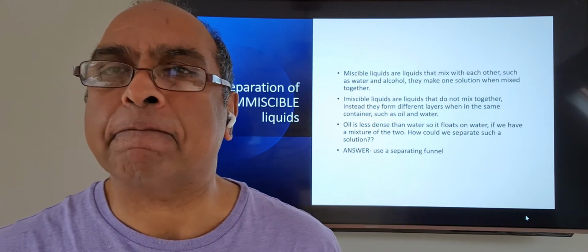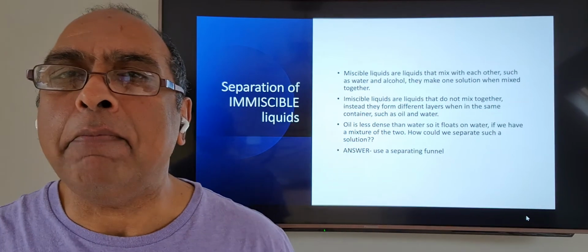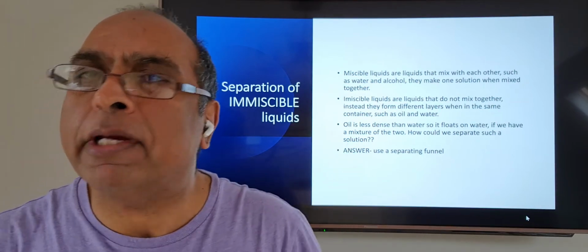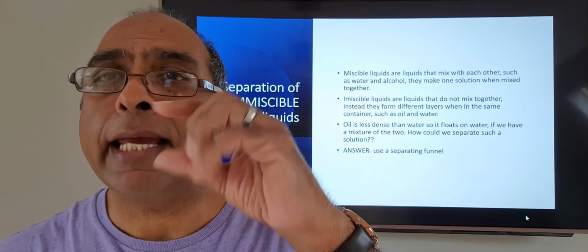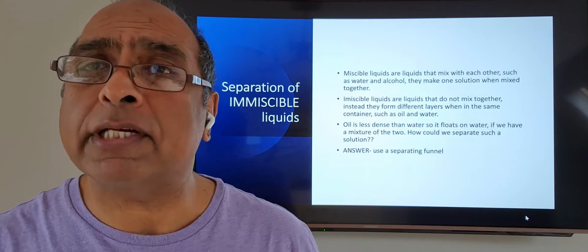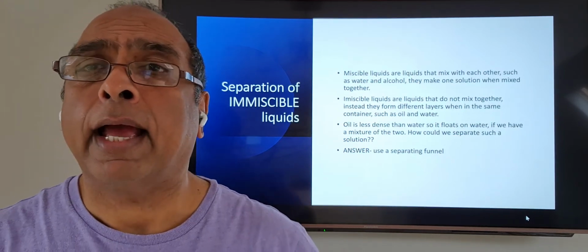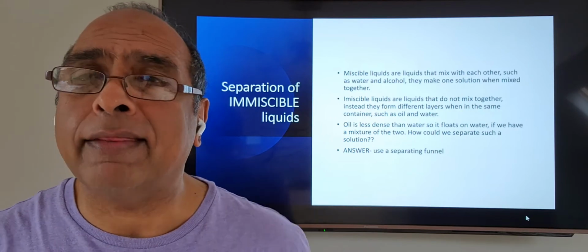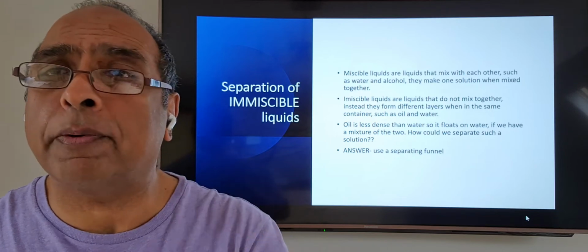Now, the opposite of that is immiscible. Look, immiscible. Now, immiscible means they don't mix together. So when you put them in the same vessel, you get layers. Now, the most famous example of that is oil and water. And when you put oil and water together and you let it settle, the oil will settle on top of the water.